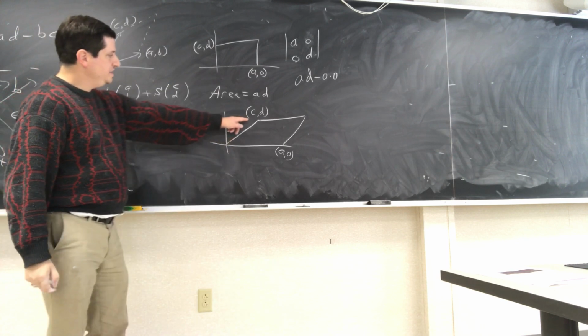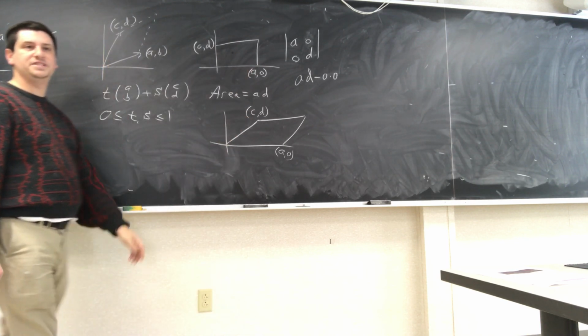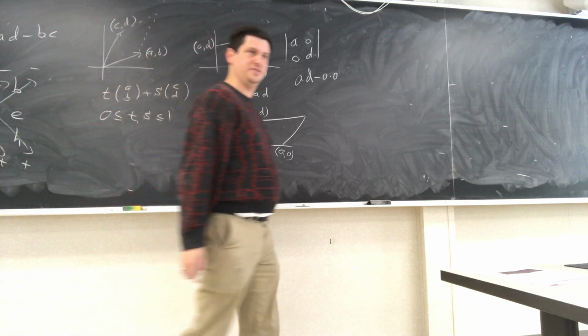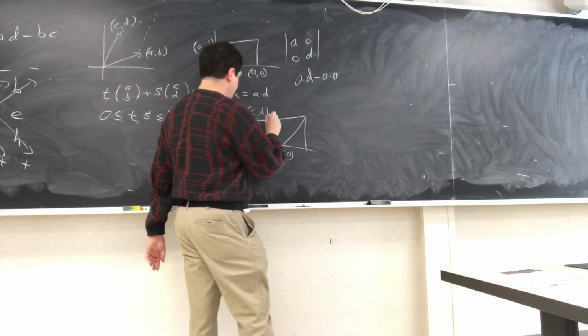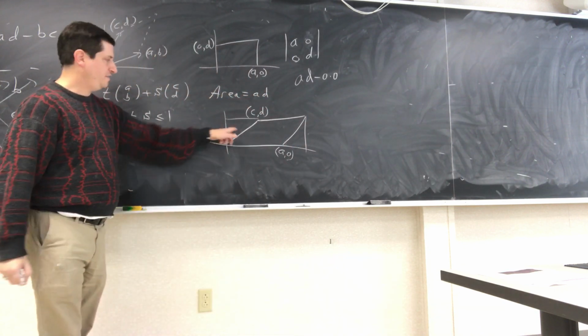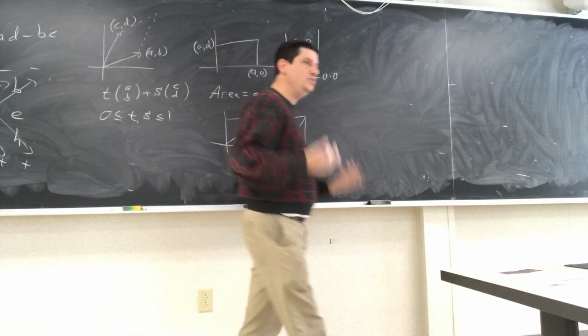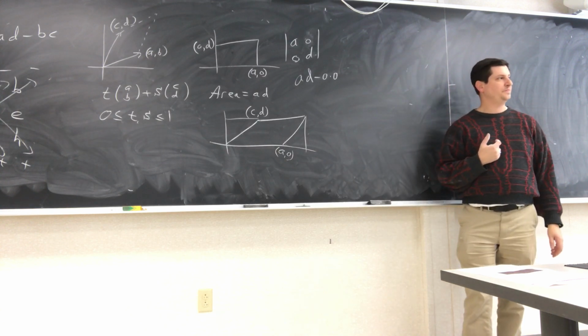And the height is the same height as this. The base is the same as this. They have the same area. I strongly urge you to try to prove this. One of the things you can do is consider the giant rectangle, find the area of the triangles, you could cut things up. There's lots of ways you can do this. But do the calculation and see that the area is unchanged.